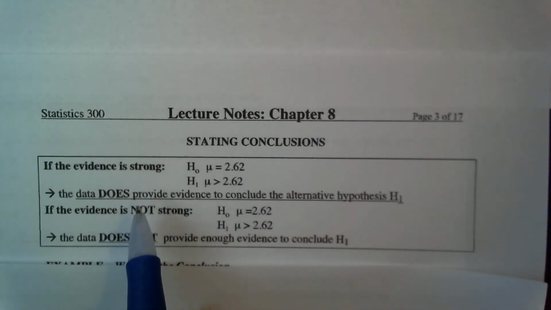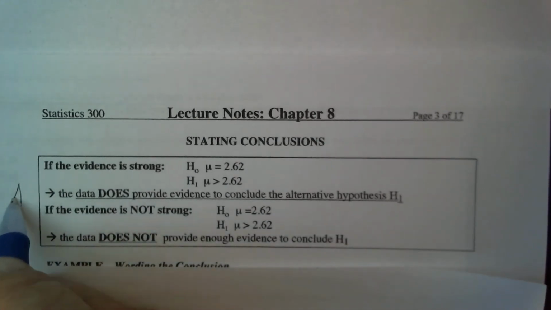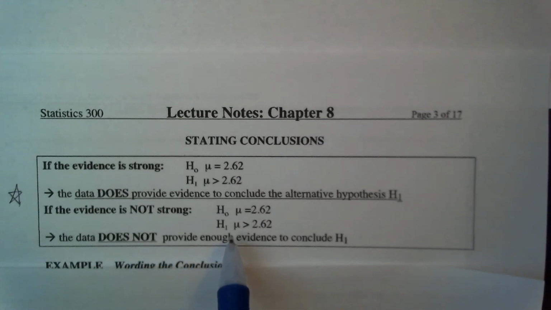That's when the evidence is strong. If the evidence is not strong, the data does not provide enough evidence to conclude H1. So you may want to spend a little time thinking about these two statements, about strong evidence and evidence that's not strong, and how that relates to the alternative hypothesis.